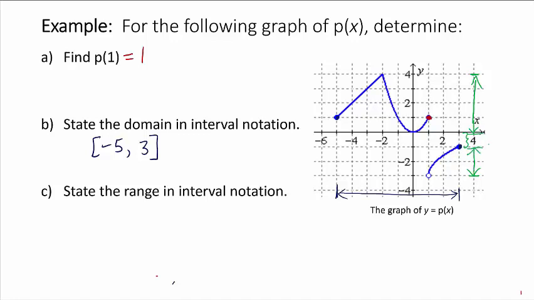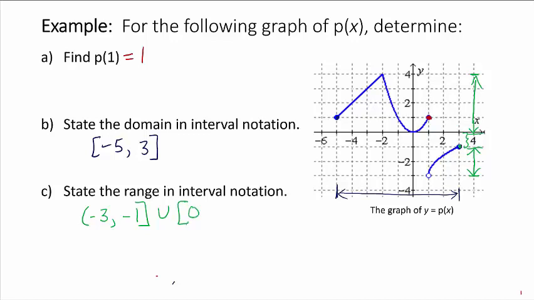Okay, so in interval notation, we would say -3 up to -1. Notice I'm using an open parenthesis at -3 because of that open dot. We're not actually including the value at -3. And then at -1, we are including it because there's a solid dot there at -1. And in union with, the next y value that's possible is 0, right?